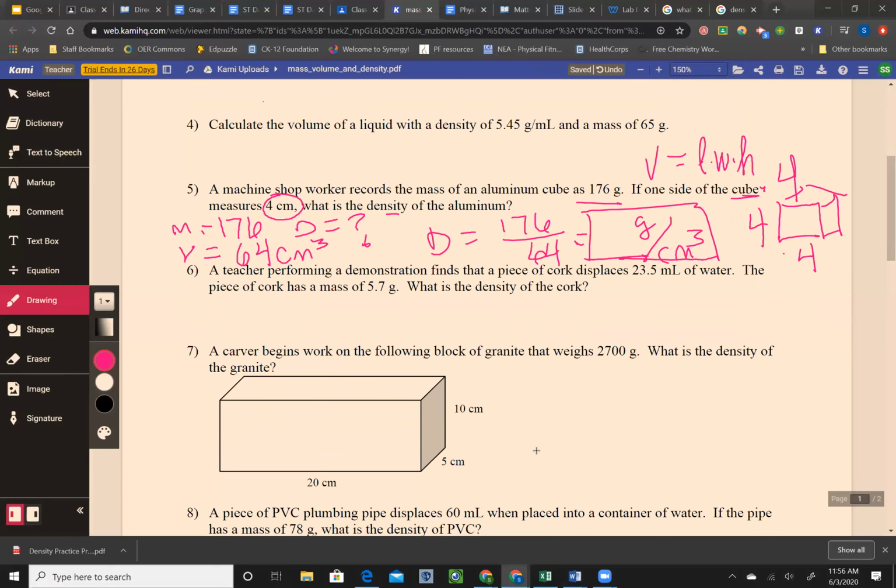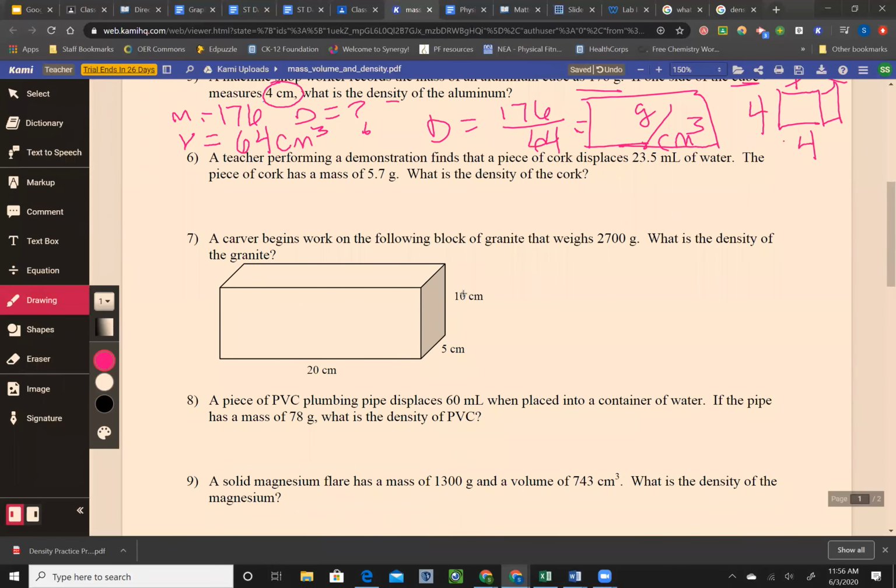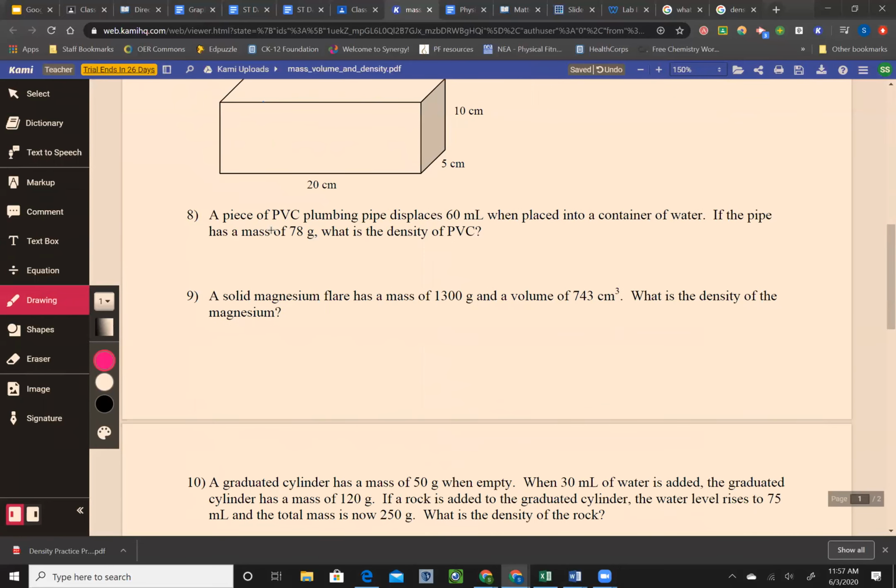Okay, as you go down, this one gives you parameters. So 10 times 5 times 20 for number 7. That gives you the volume, and they already gave you the weight. So you're still just doing the regular density. Number 8, a PVC plumbing pipe displaces 60 ml when placed in a container of water. So if it displaces 60 ml, that means it has a volume of 60.